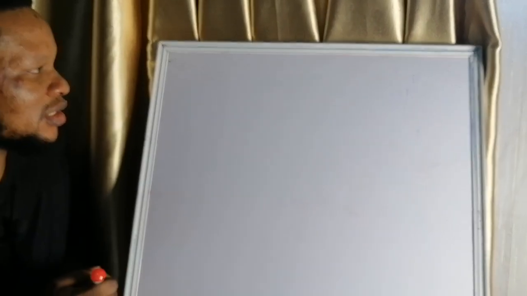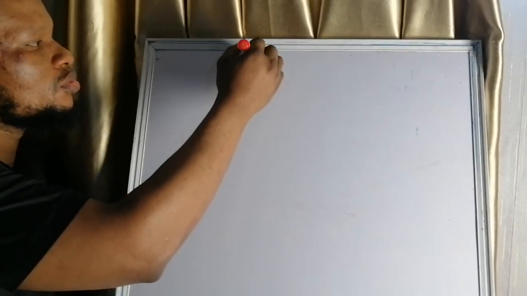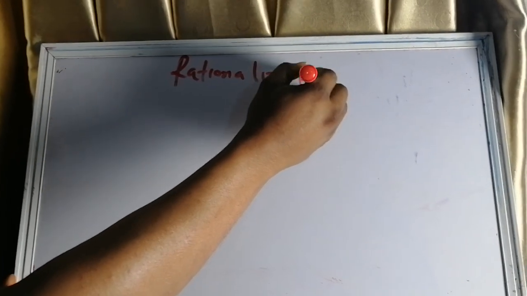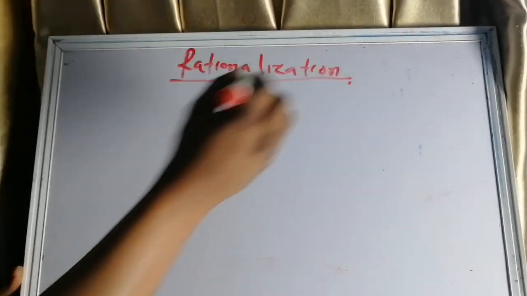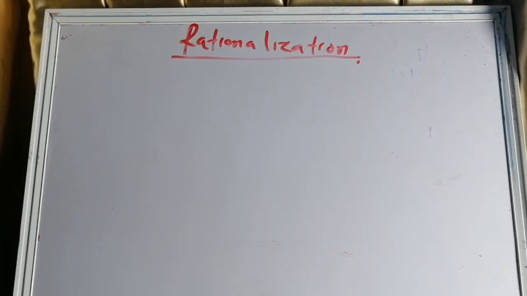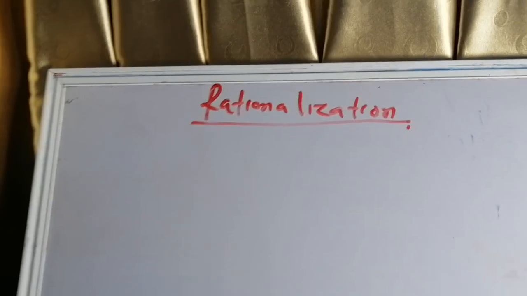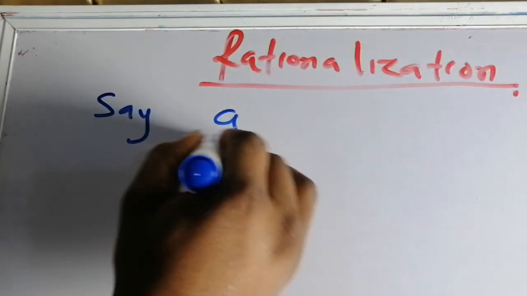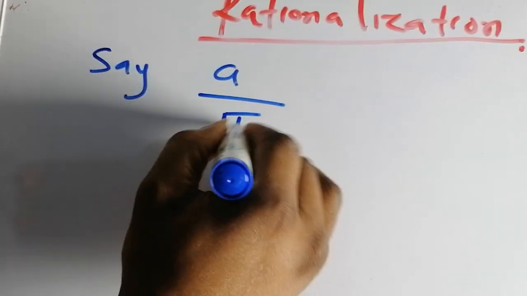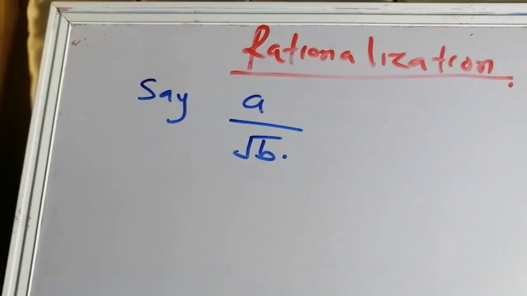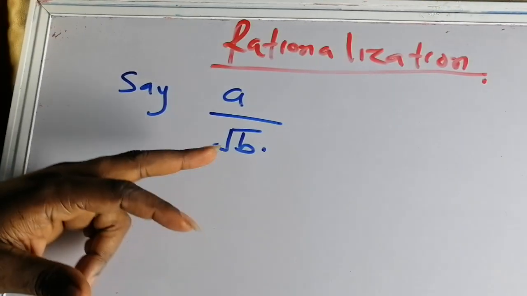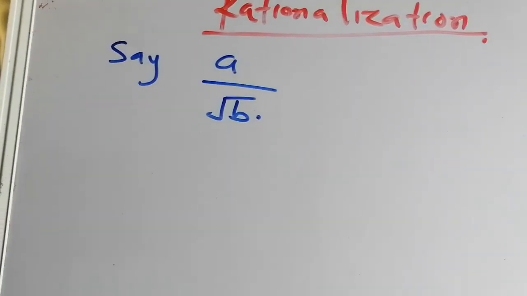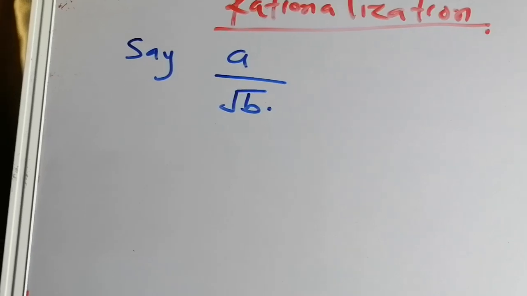Okay, so now we are moving to rationalization. Most times when you see a surd, say a over root b, in surds, you don't have a surd at the denominator.